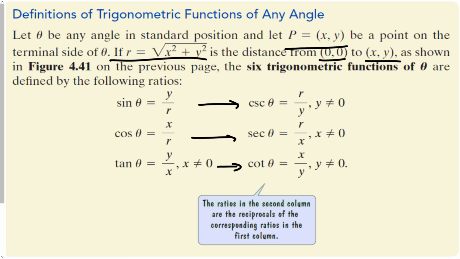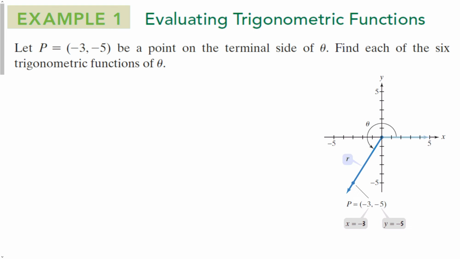Just flip them over. Okay, so let P be (-3, -5), and that is a point on the terminal side of theta, and we're going to find the 6 trigonometric functions of theta.